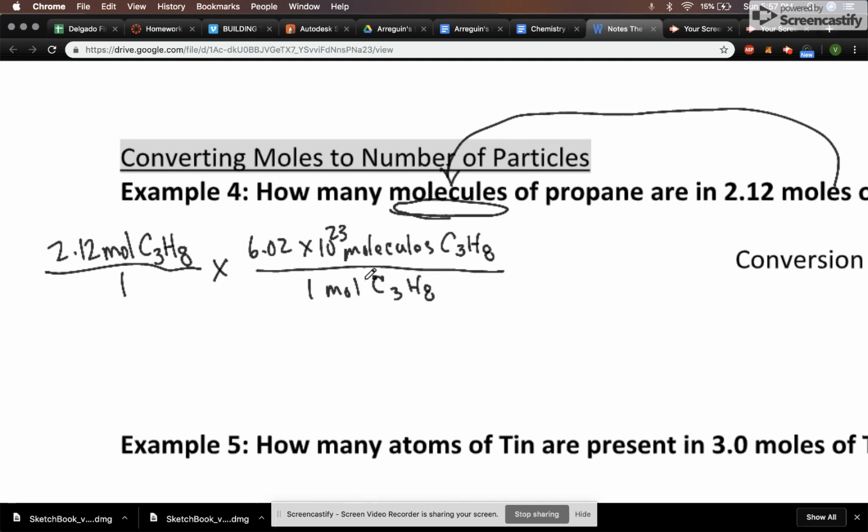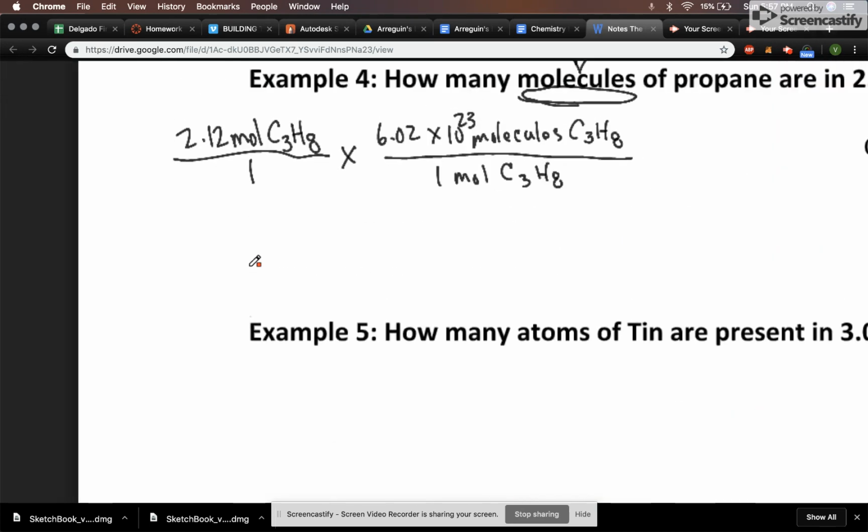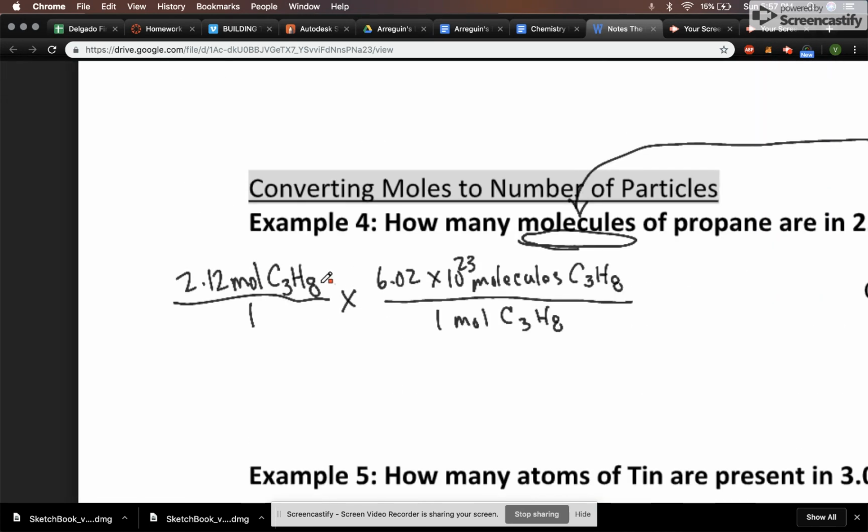If we did this right, our units should cancel, which they do. That means we're doing this right, because moles of propane cancel out with moles of propane. Remember, numerator and denominator both cancel. The simple thing to do is take our numbers and multiply them. Do not worry in this case.